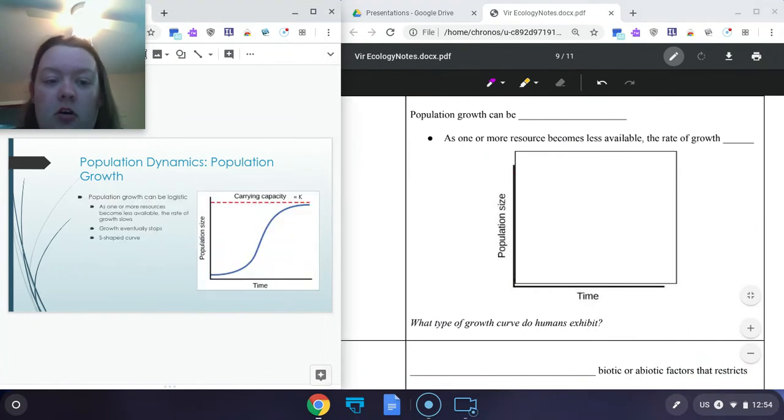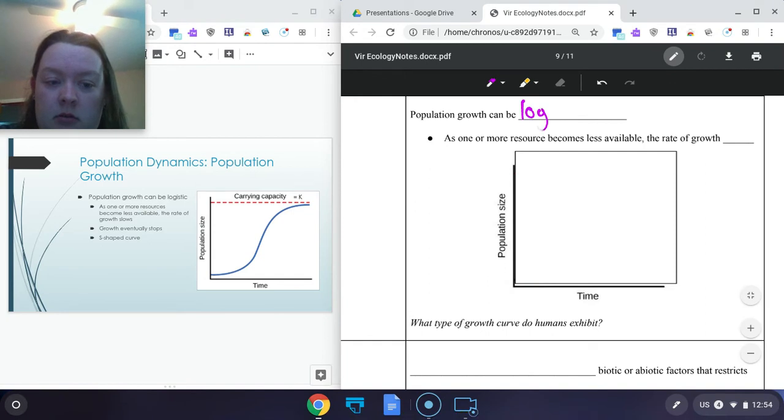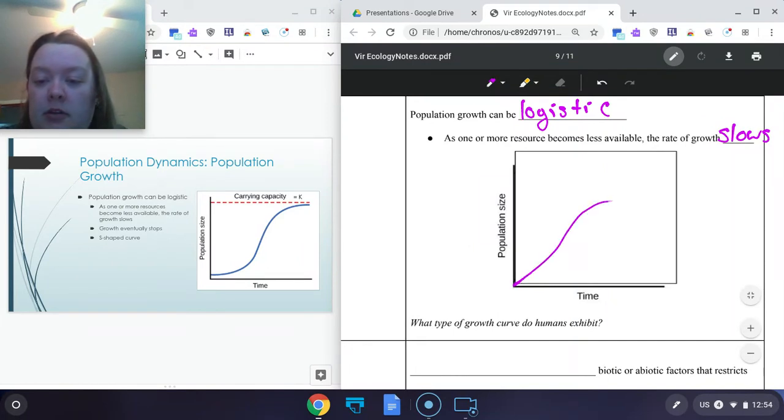Population growth can also be logistic. And what that means is we have one or more resources becoming less available, therefore the rate of growth in the population will slow. So this might be our growth goes up and up and up, and then something happens and it's limited.